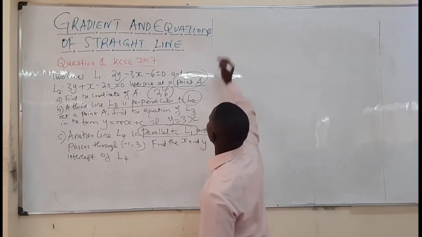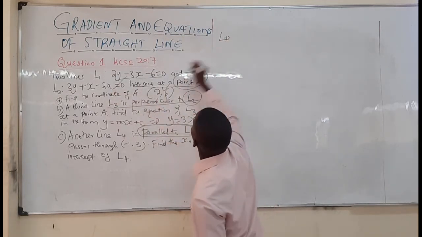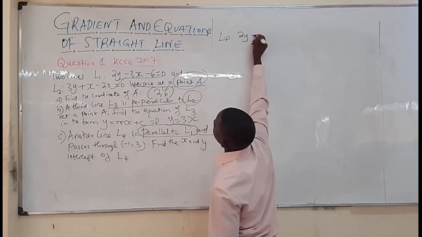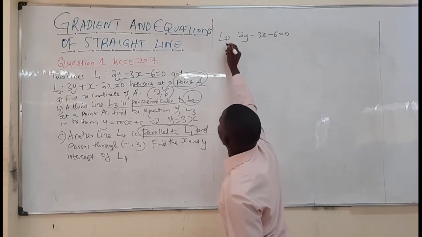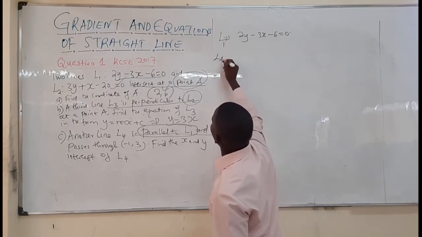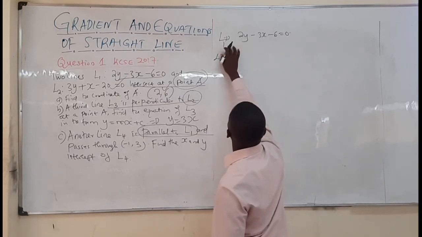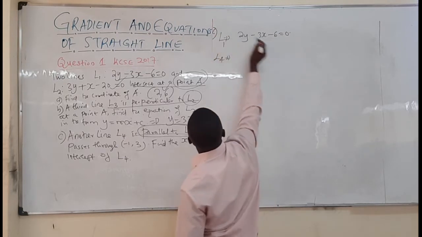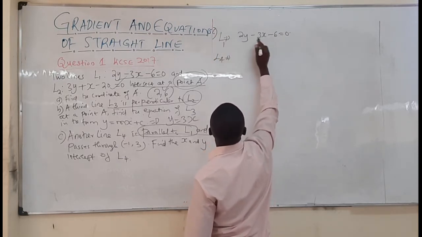Our line 1 is 2y minus 3x minus 6 is equal to 0. Line 4 is parallel to line 1, so the first thing is to write the equation of line 1 in the form y equals mx plus c to be able to get its gradient.